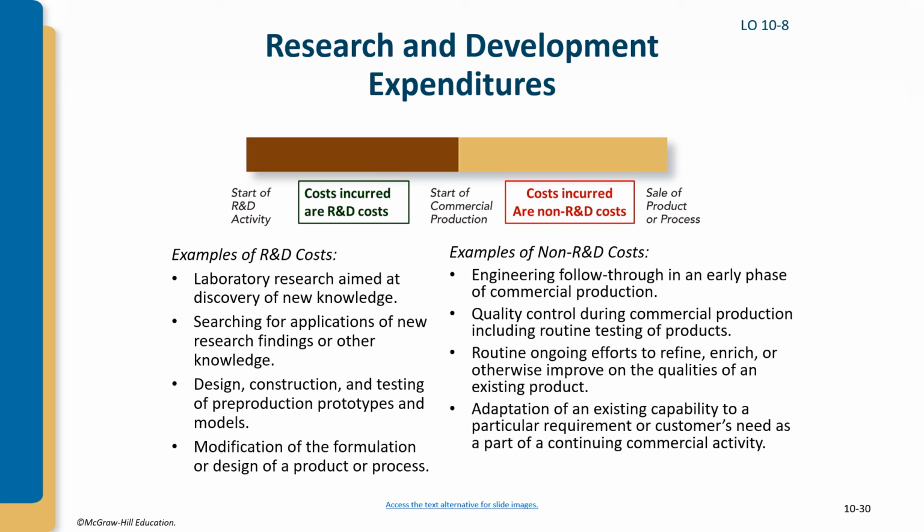So that's not a special research and development activity. That's something you're always doing. So that's the difference there. Adaptation of an existing capability to a particular requirement or customer's need. So you're changing it just because somebody asked you to change one little thing for them. That's not research and development. You're now in the processing stage of it.